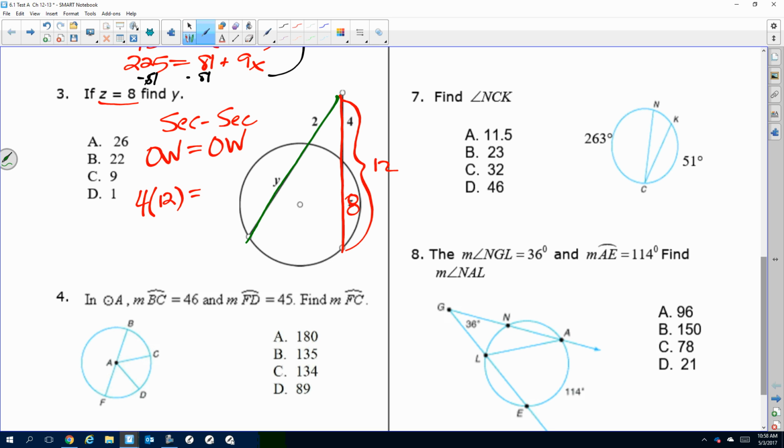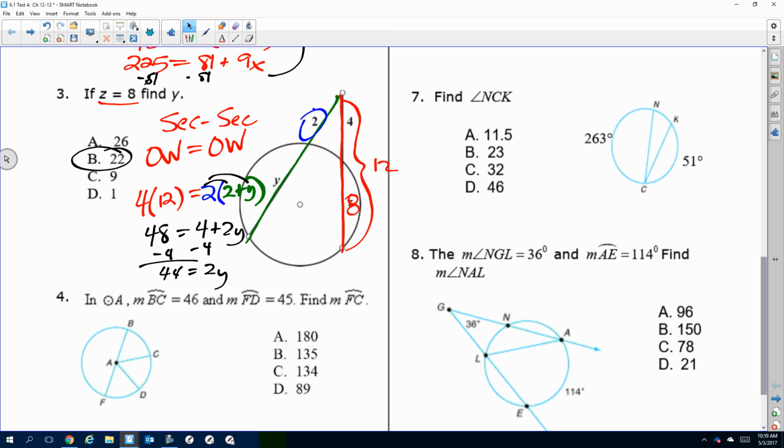The outside part of the secant is the 2, times the whole secant. We'll have to add the parts together, 2 plus y. So 48 equals, distribute, 4 plus 2y, and now we're solving for y. Subtracting 4 from both sides, we get 44 equals 2y, and then dividing, we should get y, which is 22.